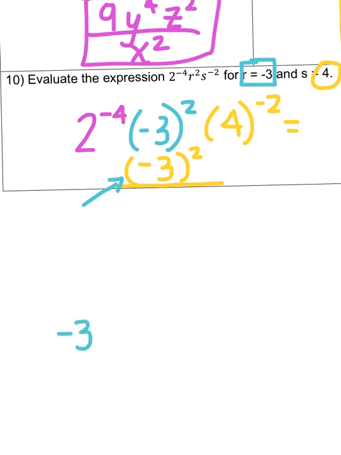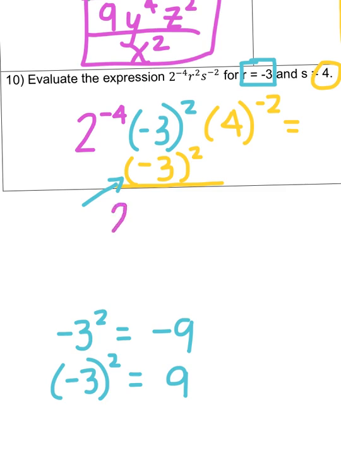Negative 3 squared is equal to negative 9, and your calculator will tell you so. However, you're supposed to substitute the negative 3 and square the negative 3. That will give you a value of 9, so it is important to know how to put it into your calculator.